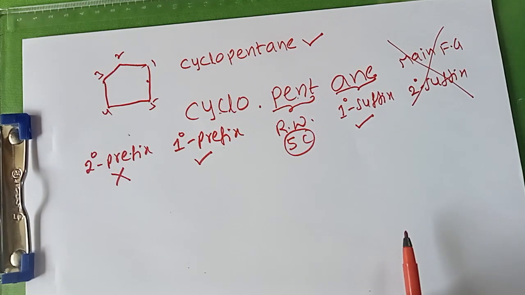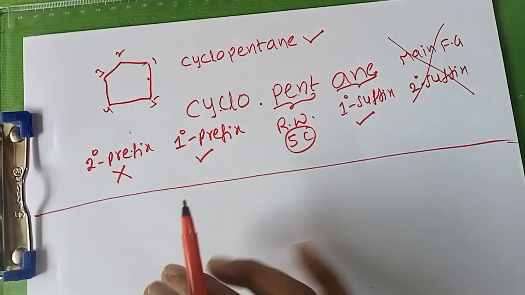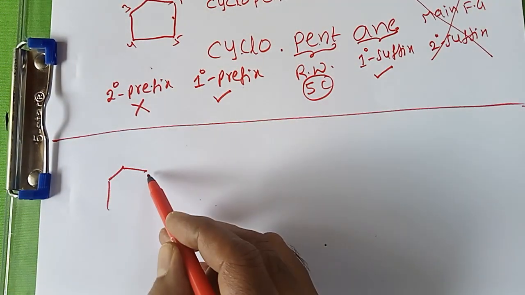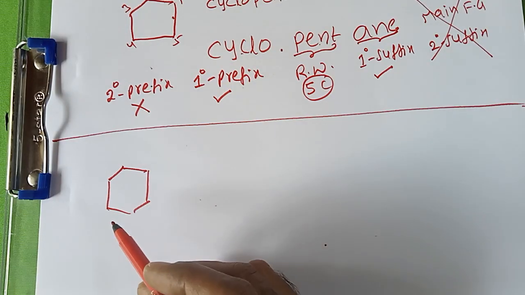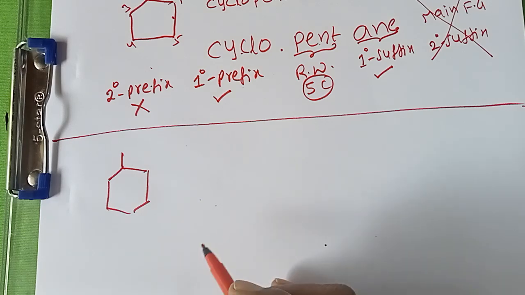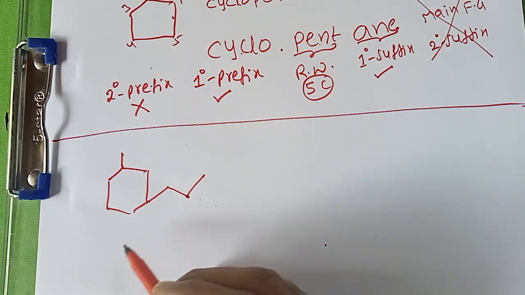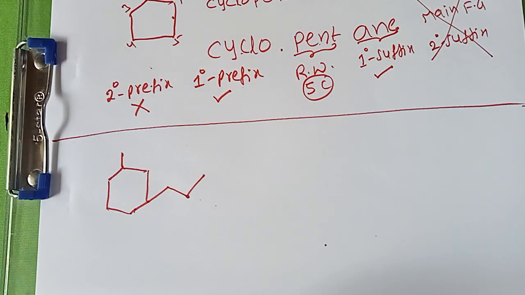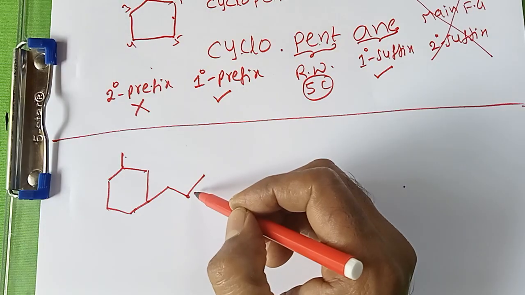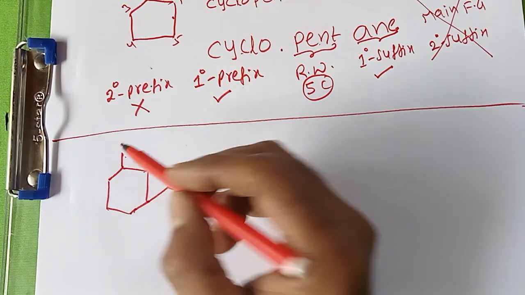Next, if you take another compound here, this is a simple name. Another compound only. This is also a cyclic compound. Next what here? Line given, that's all. Bond line formula, like this only. So remember this. Here two substituents, locants are there. One line means here one carbon present.